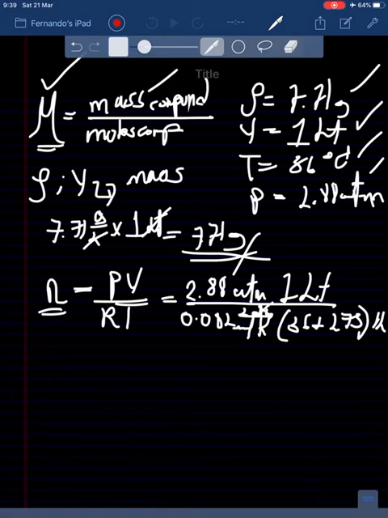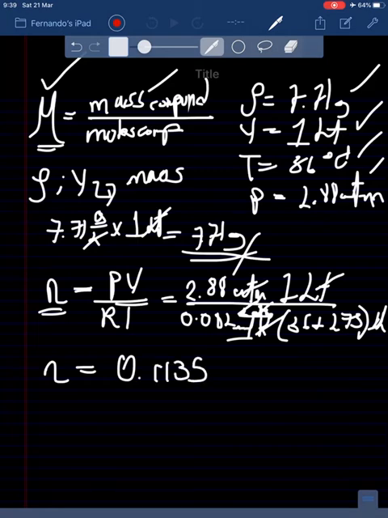Atmospheres go with atmospheres, liters go with liters, kelvins go with kelvins, and I end up with moles. So the dimensional analysis tells me that I am doing things right. If you perform the math, I'm going to give you some time to do that. Very well, so the number that you will get is 0.1135 moles.